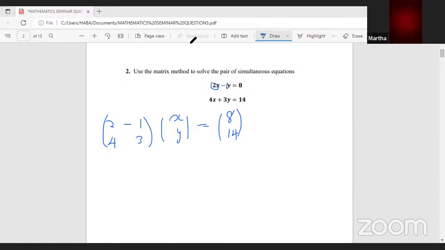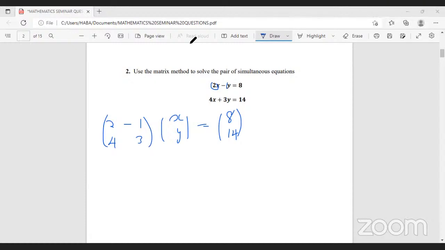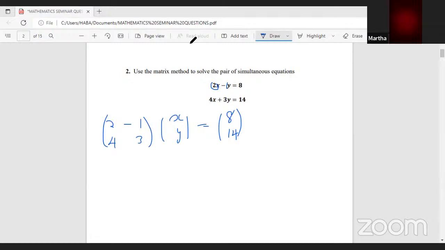I can decide to use any matrix method I want. I can use determinant method or inverse method, or I can use the adjoint to solve that equation. So which one are you deciding to use so that you take us through this number? I think I use the determinant method. Okay.